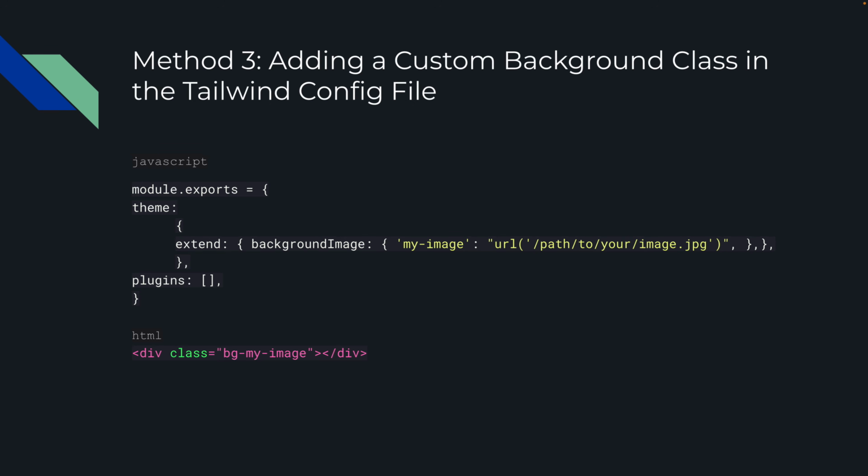In the third method, we can add a custom background class in the tailwind.config.js file. This is useful if you want to reuse a background image in multiple places in your project. First, add the custom background class to the extend section of your tailwind.config.js file. So let's do that.